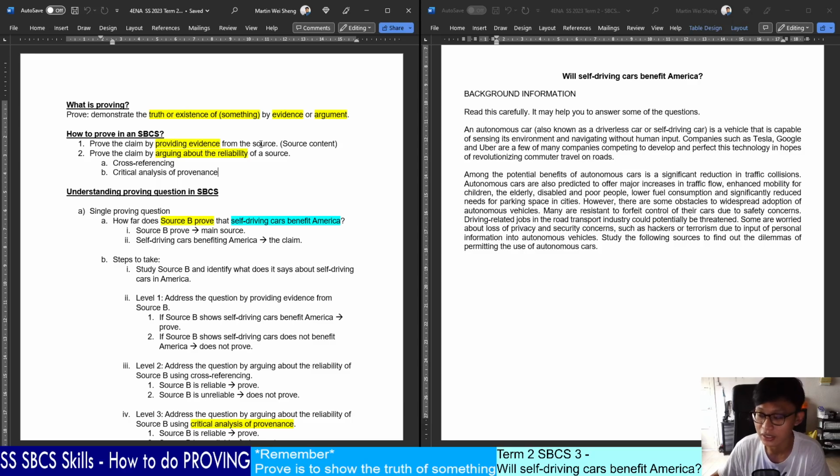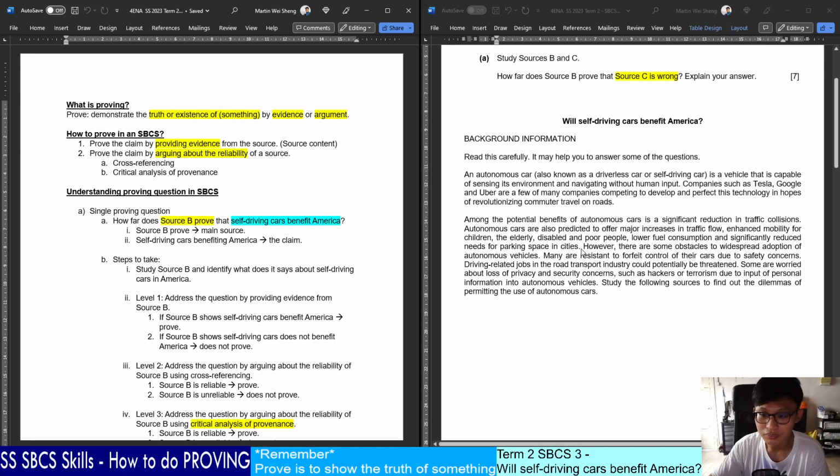And I can also say that Jack attended the concert in person. He was there to witness it. That is why he can prove that the concert is good. So this is just a very basic and simple example of what proving is about. Basically, you have to demonstrate the truth or existence of something.